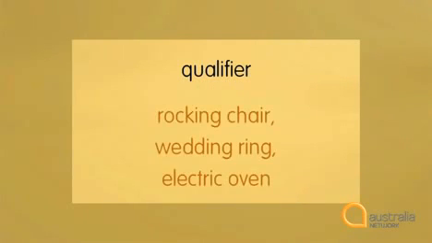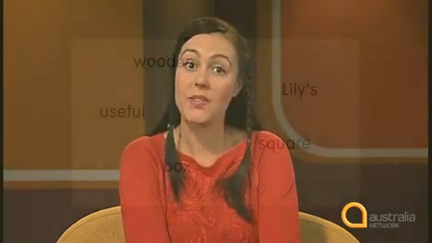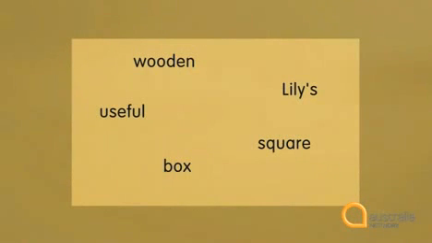Lastly is the qualifier. This is something that's an integral part of the noun. Examples might be a rocking chair, a wedding ring, an electric oven. There are, of course, a few exceptions to these rules, but it's important that you learn them and practice them whenever you can. Have a look at these words and see if you can turn them into a phrase. Wooden, square, useful, box, Lily's.